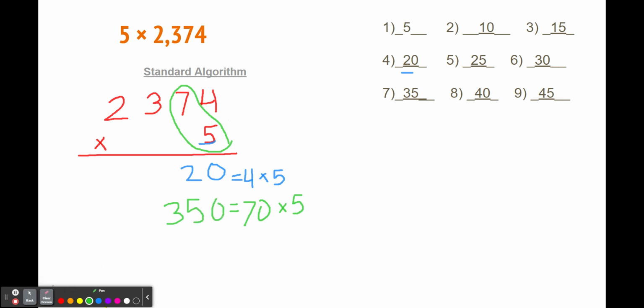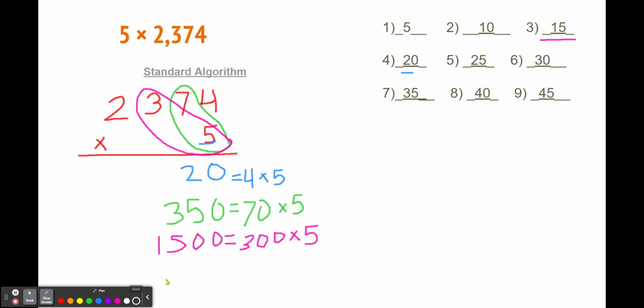Okay? Now I'm going to go ahead and multiply 5 times 3 hundreds, which is going to be 300 times 5, which, if we see over here, 3 times 5 is 15. So 300 times 5 is 15 hundreds.